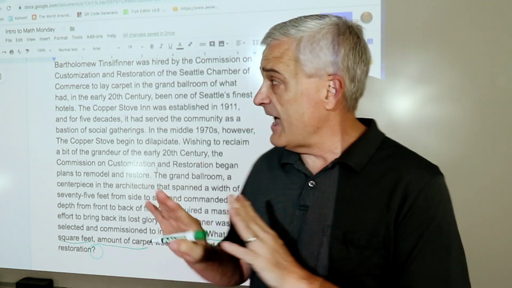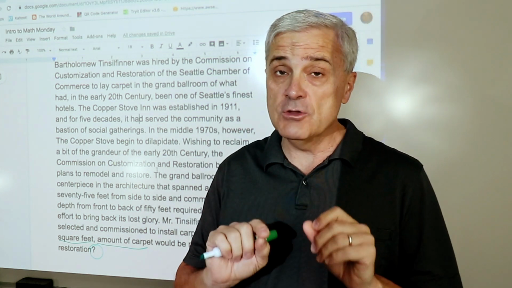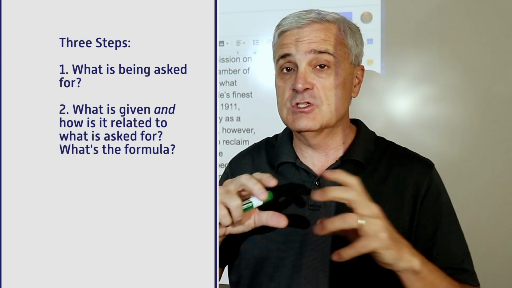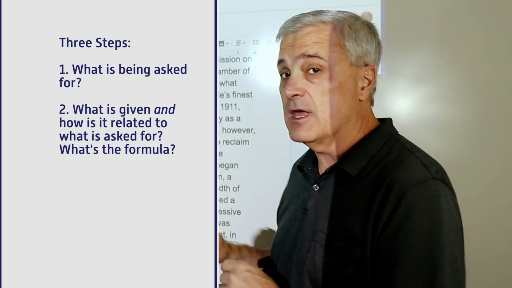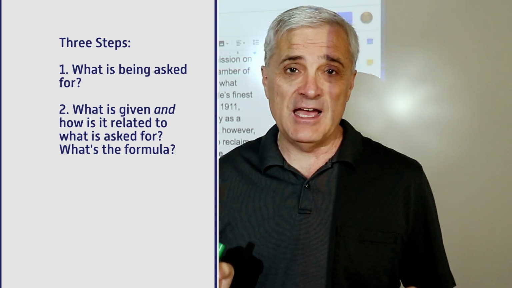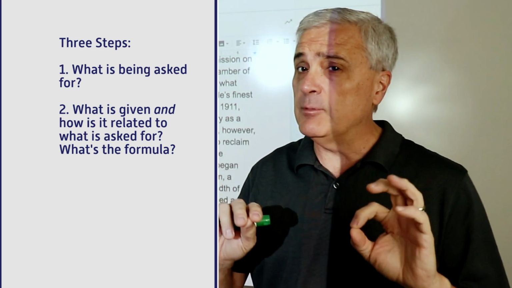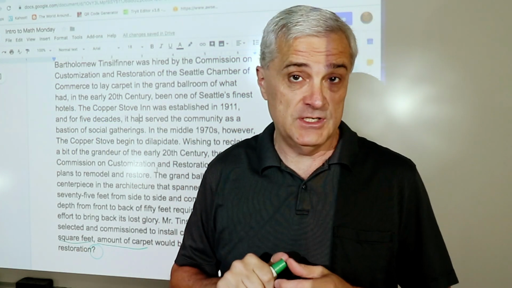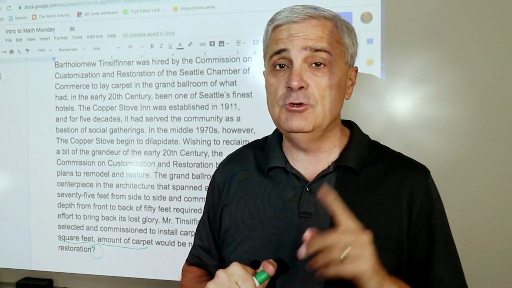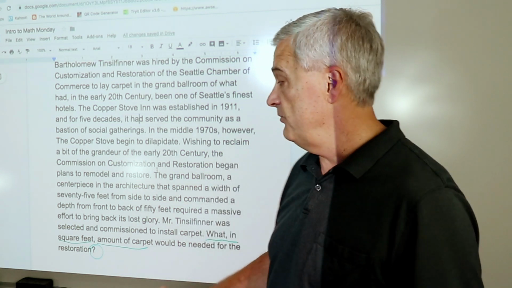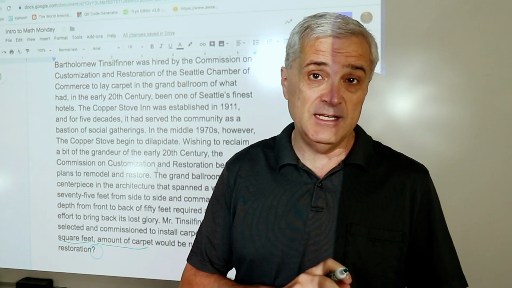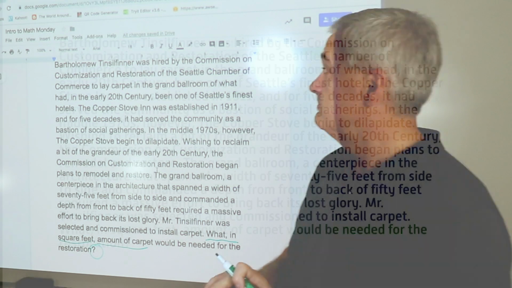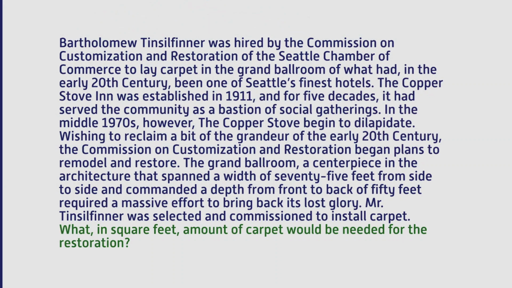Step two in attacking a problem like this, once you know the question, you need to identify what's given and find a formula that is going to allow you to answer that question. Now, some problems will give you the formula, and you just need to look around until you find the formula. This one does not. But it does give us two pieces of information that we need in order to find the area of the carpet needed to do this renovation.